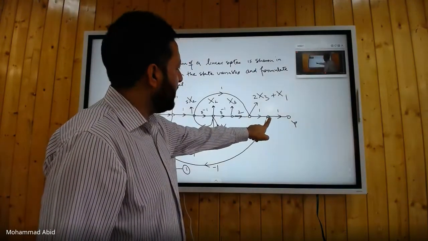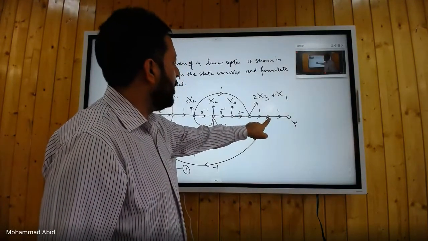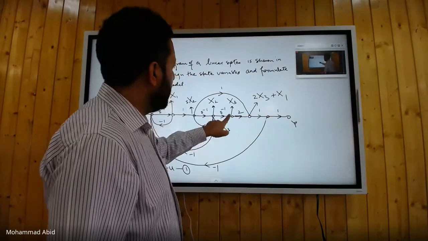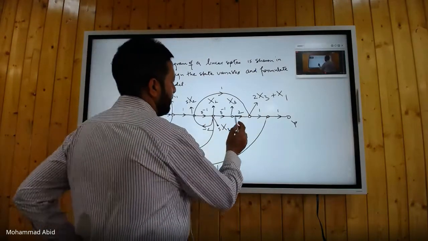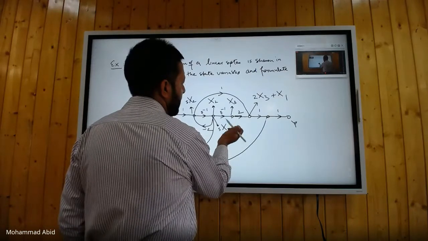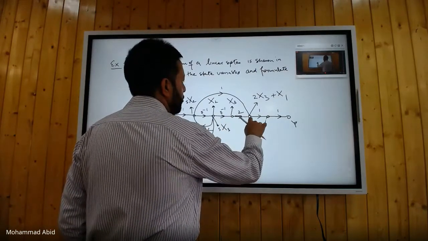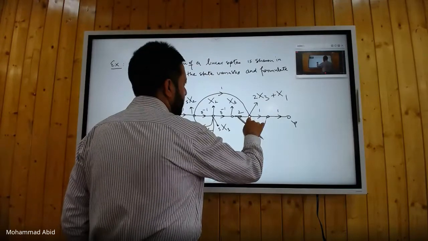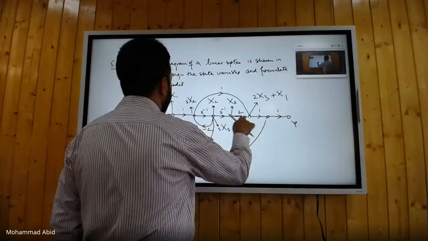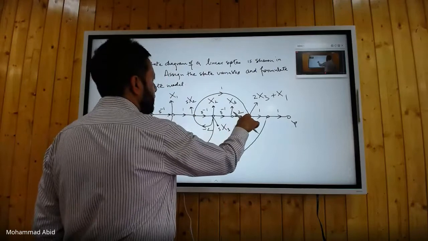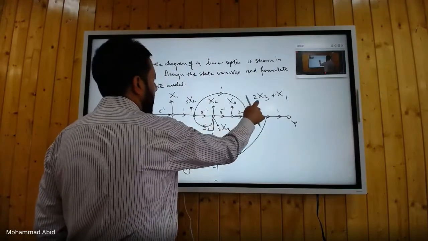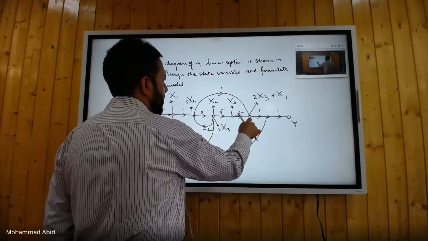And there is one more signal coming from here. What is this block equal to? We have to see in terms of x1. Here this is x3, and it's multiplied by 2, so this becomes 2x3. One more element comes from here through x1. So this is 2x3 plus x1, isn't it?